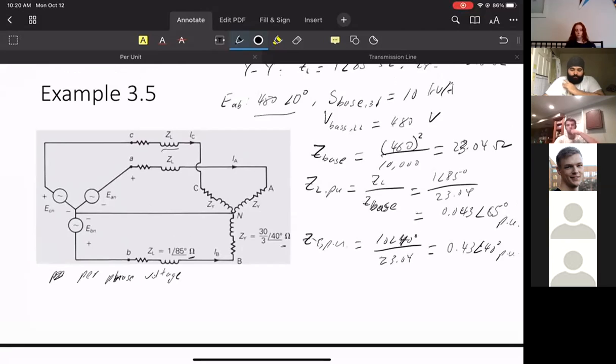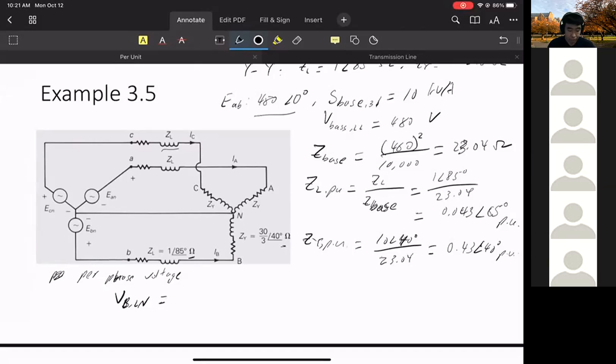What is the base, for example, for the line to neutral voltage? If the line to line is 480, how do I convert to the line to neutral voltage? What do I divide by? Which is higher, the line to line or the line to neutral, for voltage magnitude? I remember from before?